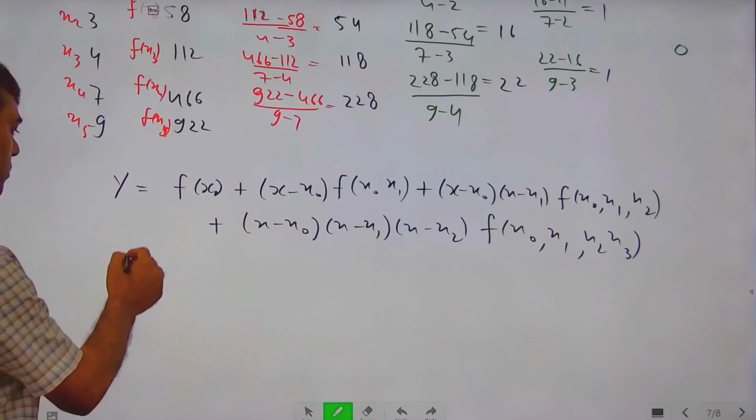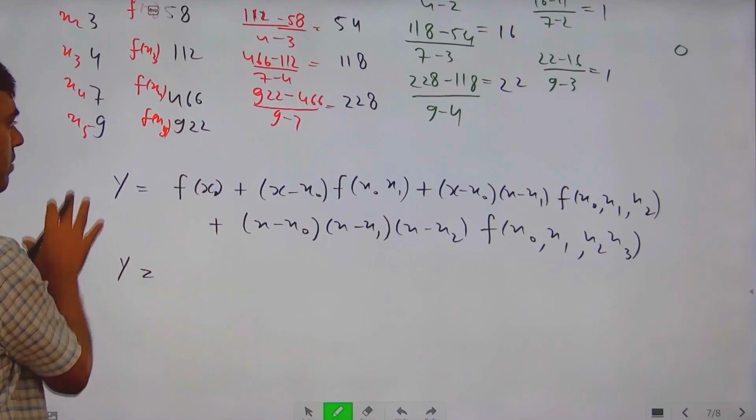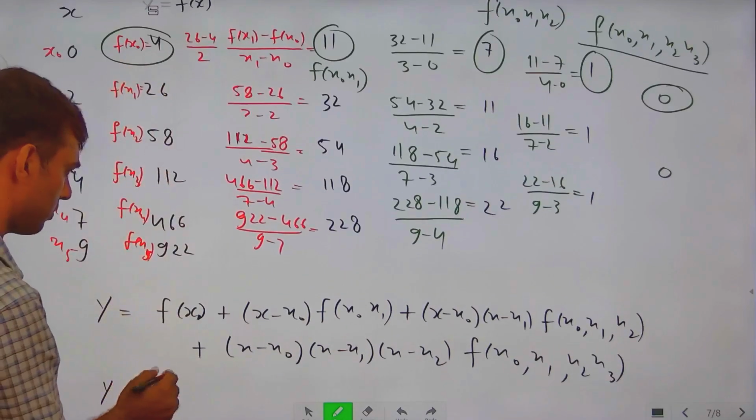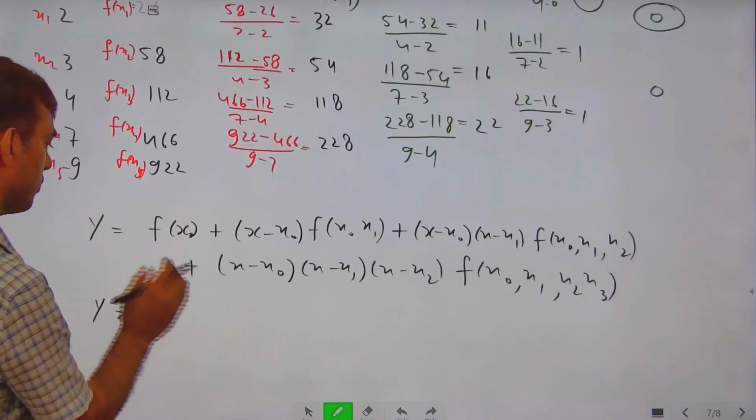So basically y equals what? The value of f of x0 is 4, from the table: 4, 11, 7, 1.